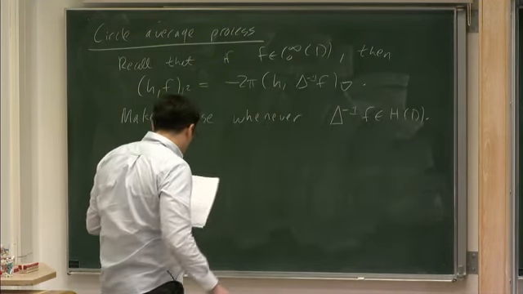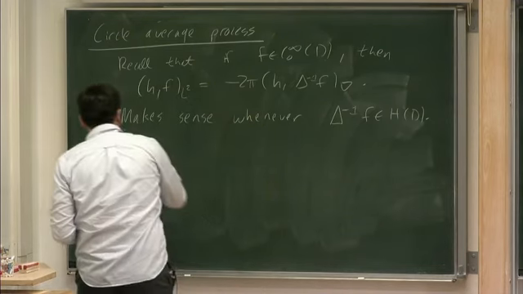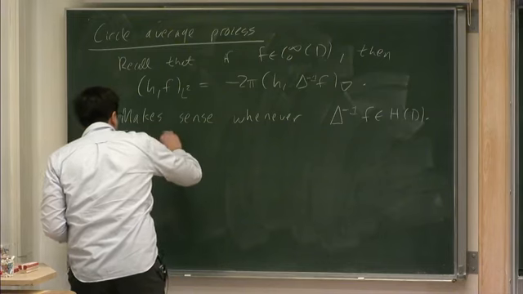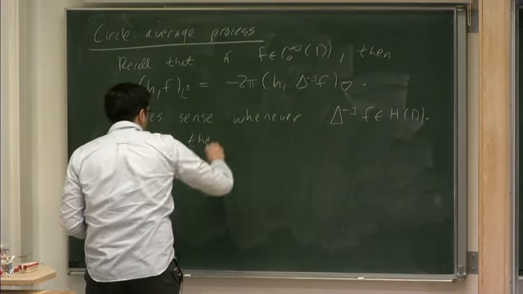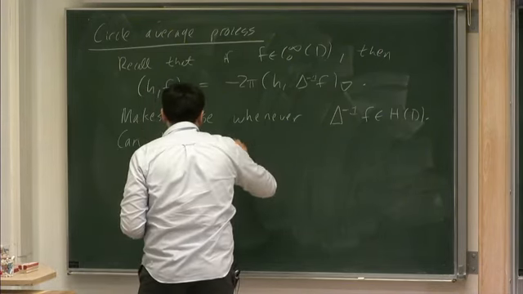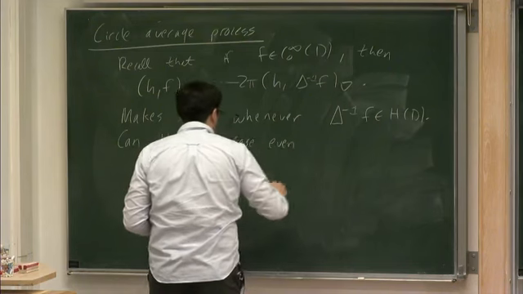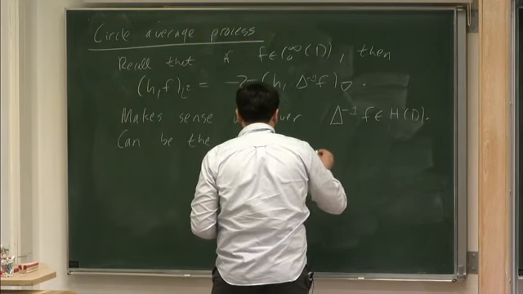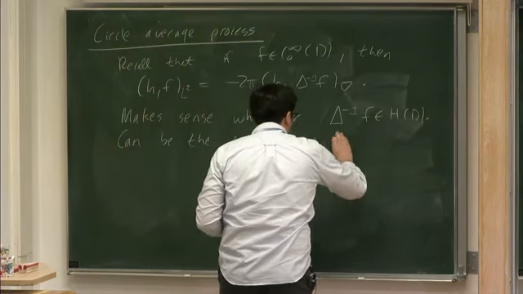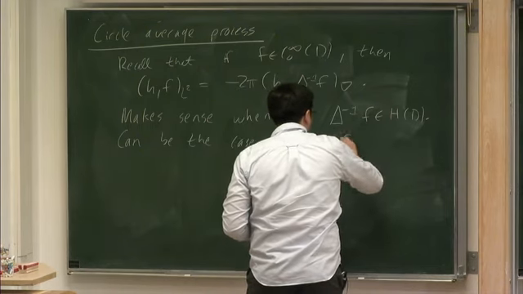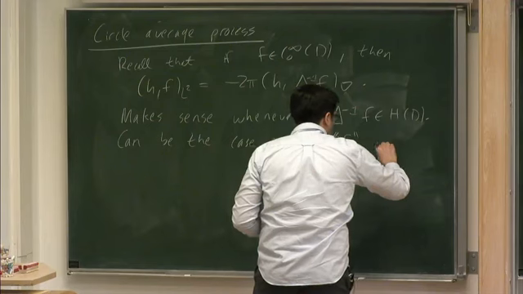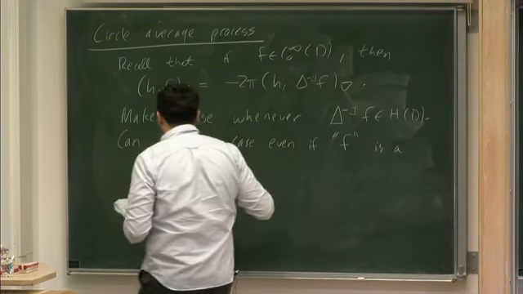Okay. And this can be the case very generally. In particular, this can be the case even if this f here, let me put this in quotes, is a sufficiently nice measure.